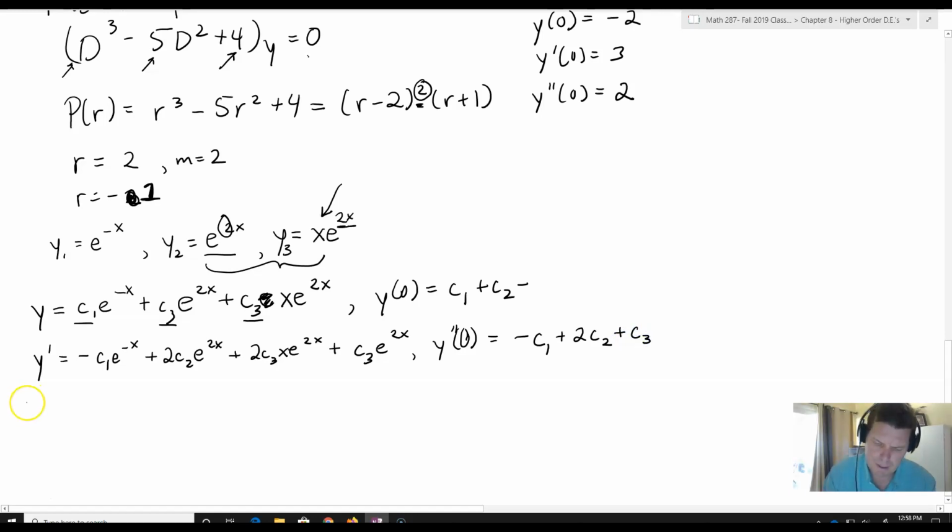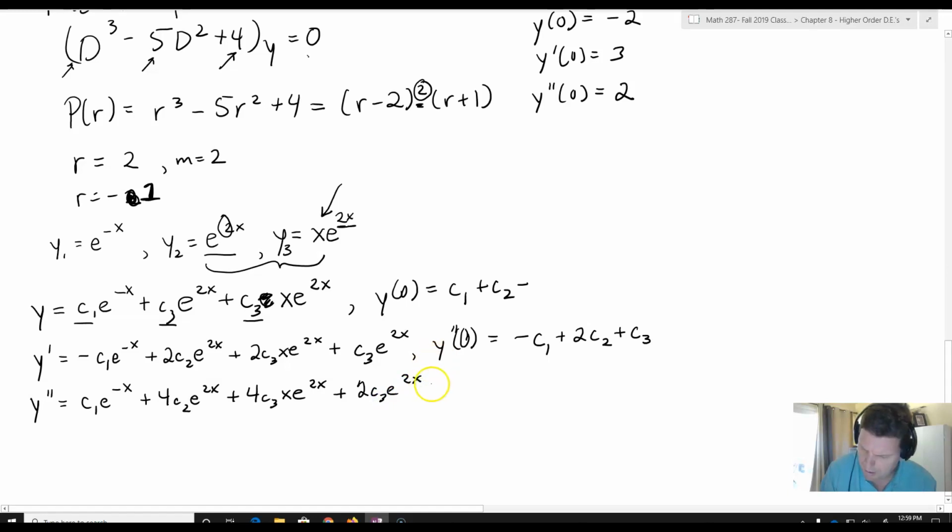And then y double prime is going to equal c1 e to the negative x plus 4c2 e to the 2x plus 4c3 x e to the 2x plus 2c3 e to the 2x plus 2c3 e to the 2x.